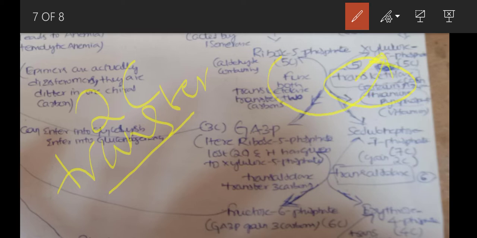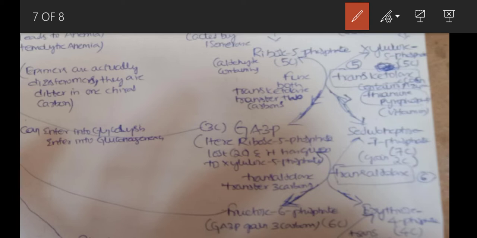If ribose 5-phosphate transfers 2 carbons, it forms a 3 carbon sugar. Xylulose 5-phosphate gains 2 carbons, so it forms a 7 carbon sugar.